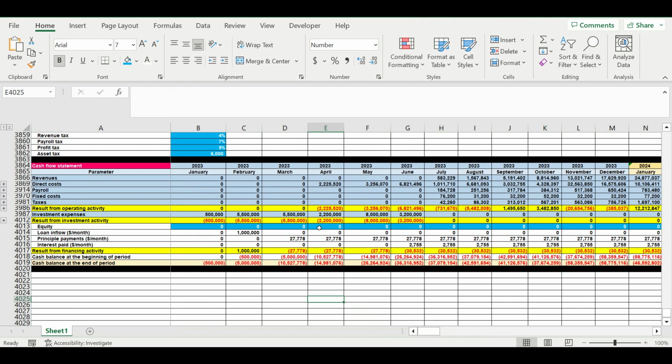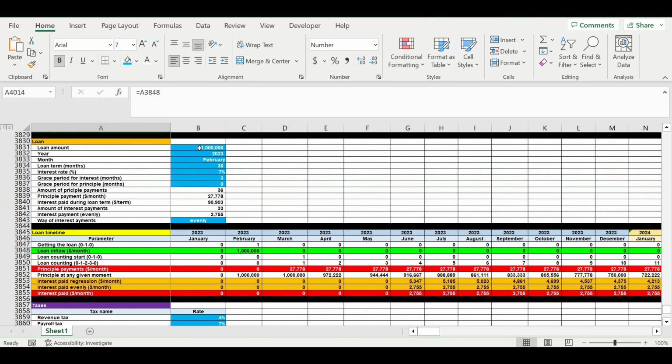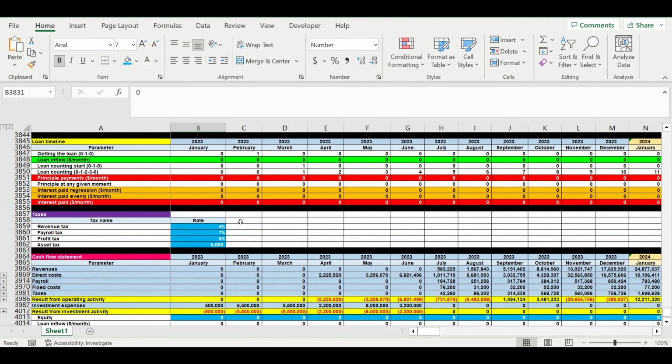And the first way, so we have two pockets from which we can finance our business idea. That's equity, for example, that's our own pocket, and the loan that we can obtain from the bank. First of all, let's put 0 here. Let's imagine that we don't have a loan.